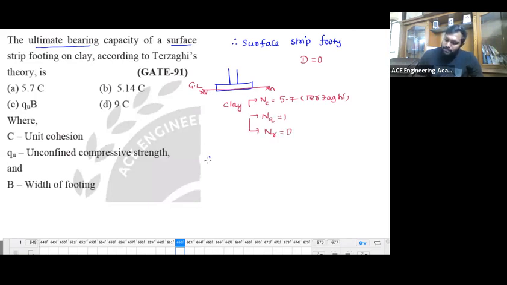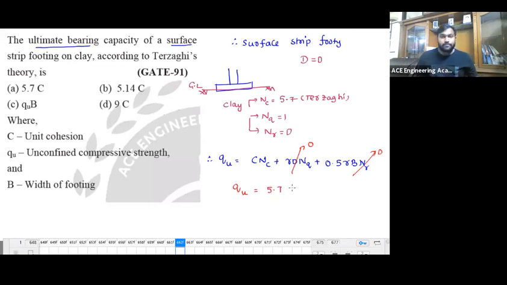So you know the ultimate bearing capacity for a strip footing: c Nc plus gamma D Nq plus 0.5 gamma B N gamma. As it is a clay, N gamma is 0, surface, D is 0. What is qu? 5.7 times c. For the explanation for you, I am writing all these things, but I can directly say: surface, depth effect gone; clay, width effect gone.